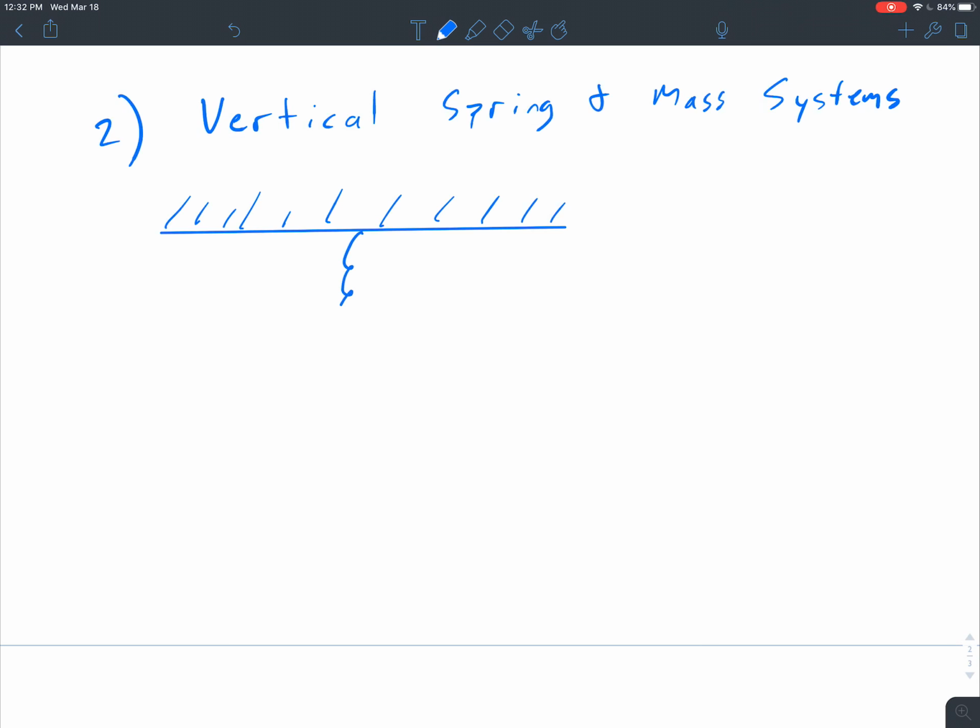So let's say we've got this spring right here. That spring's got a length L. We'll define our coordinate system so x is 0 here, and at this point x is L, the length of the spring.